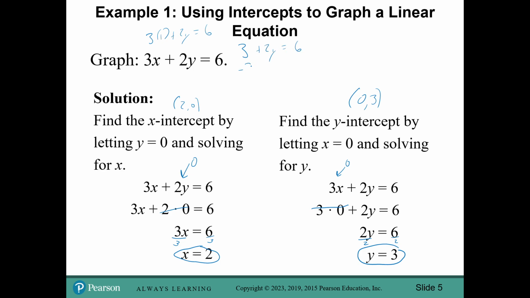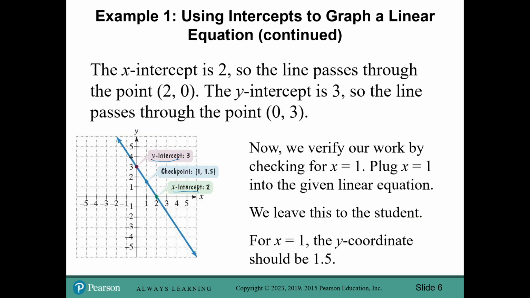Which means if I subtract 3 and solve for y, I'm looking at 2y equals 3, which means that if I divide by 2, y equals 1.5, which means I have the point 1, 1.5. That's how they get this checkpoint of 1, 1.5, and what we notice is that point is indeed on the line, so we probably graphed the correct line. All we need is 2 points. The easiest way to get those 2 points most of the time is to find the y-intercept and x-intercept.